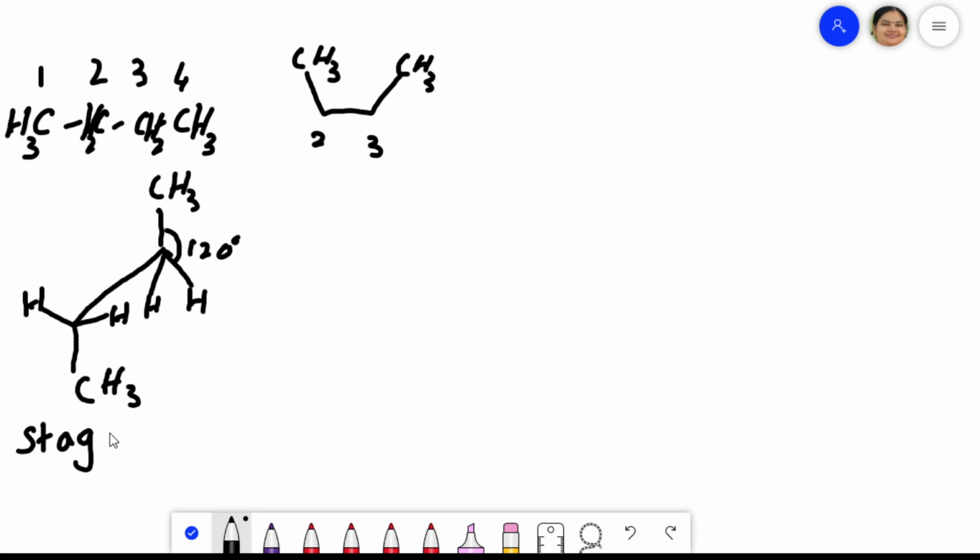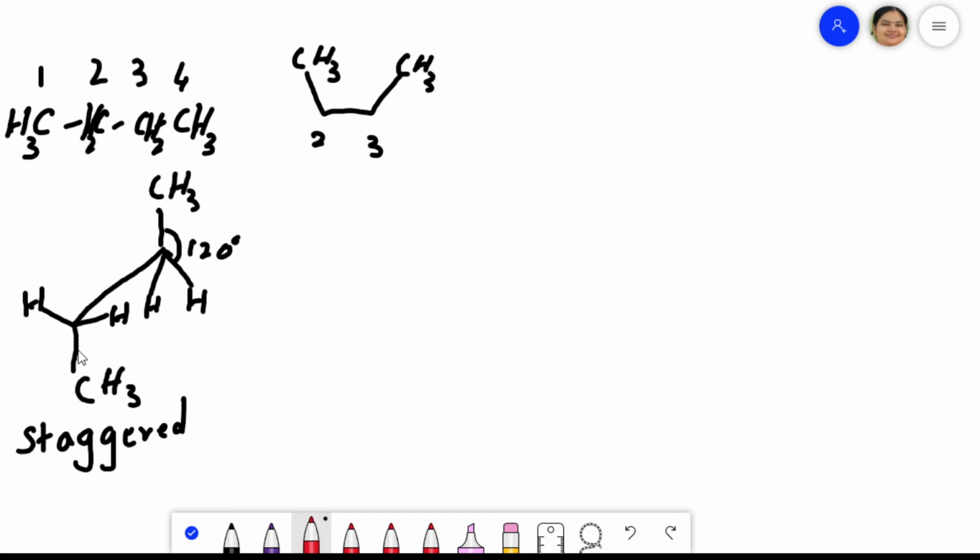You make a C-C rotation here. If you make a C-C rotation, it results in eclipsed and gauche structures also. To write the eclipsed structure, if I make a 180 degrees rotation, this CH3 will come down and hydrogens will come up. This is a single bond rotation by 180 degrees.